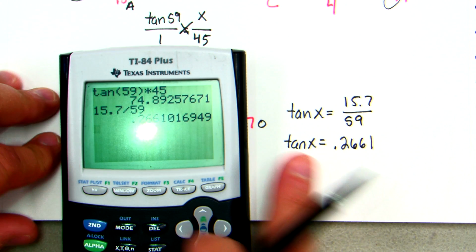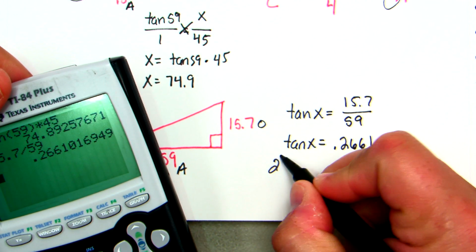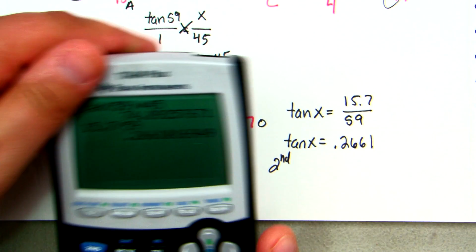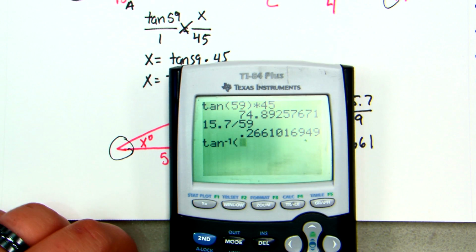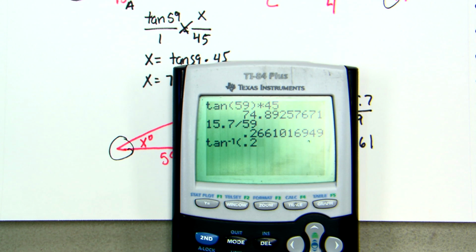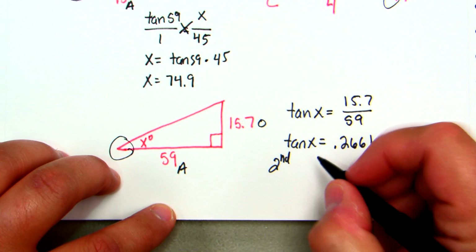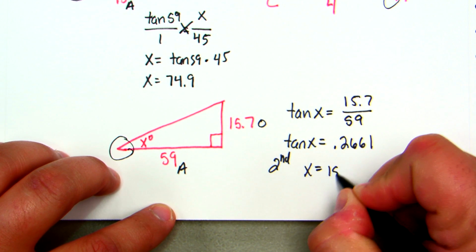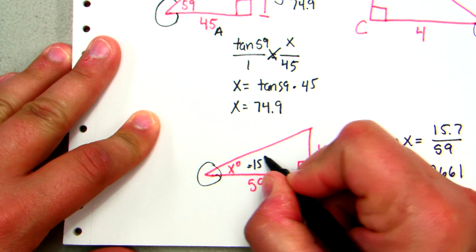Now, remember I told you if we're looking for an angle, which we are here, we want to hit the second button. So we're going to come in and go second tangent of 0.2661, that's plenty far out, equals 14.9, or about 15 degrees for x. So x is 15 degrees, and that is my angle measure.